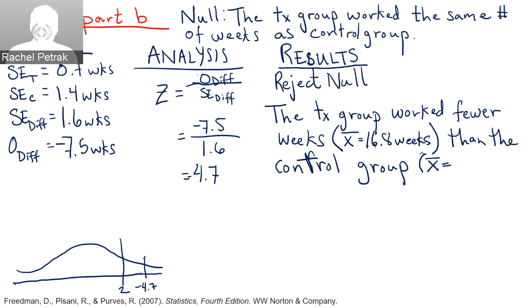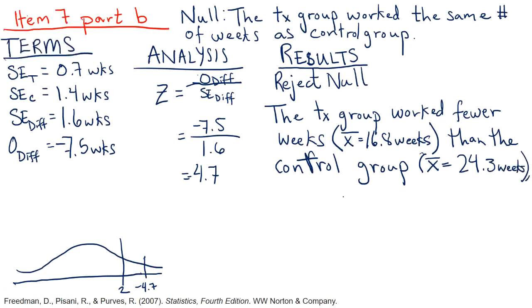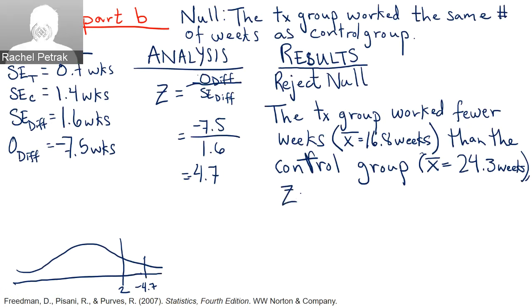You can write mean in here too. I'm just trying to conserve space. And our Z is 4.7.